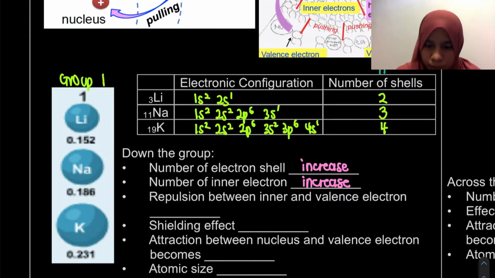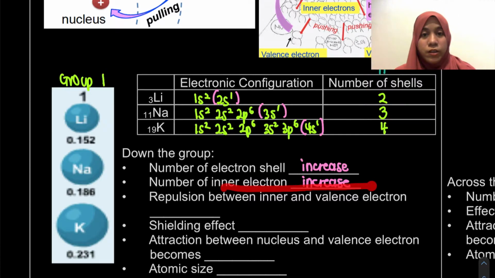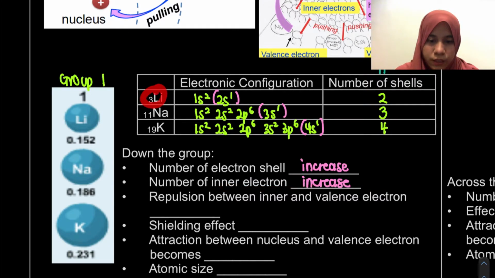So the one that's colored pink ni, this is our valence electron kita lah. So as we can see, when number of n increases, kita punya inner electrons pun increase. So for example, lithium ni inner dia only 2 electrons. Kalau our sodium, we have 10 electrons. Kalau potassium ni, we have 18 electrons. So down the group, number of electron shells increase, number of inner electrons pun increase.